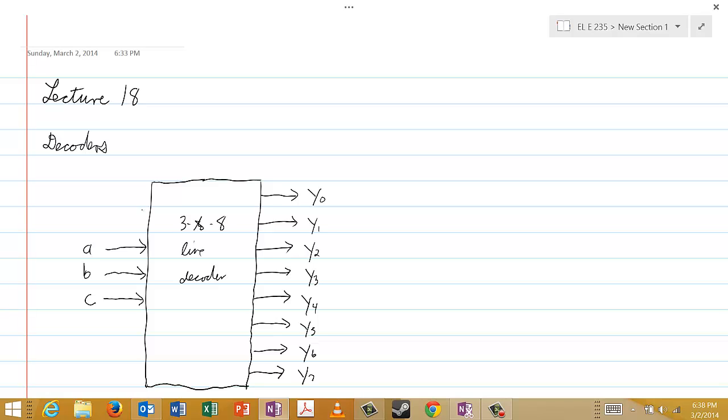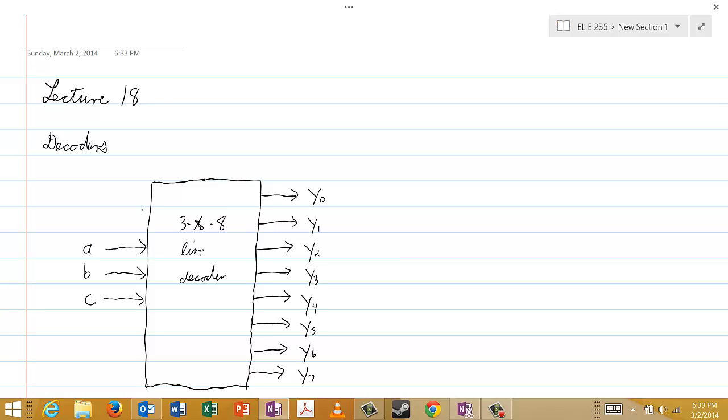And the way that the decoder works is that when ABC is equal to 0, 0, 0, actually, let me back up and say that for all 8 of these outputs, for any combination of the input variables, exactly one of the outputs will be equal to 1, and all the others will be equal to 0.